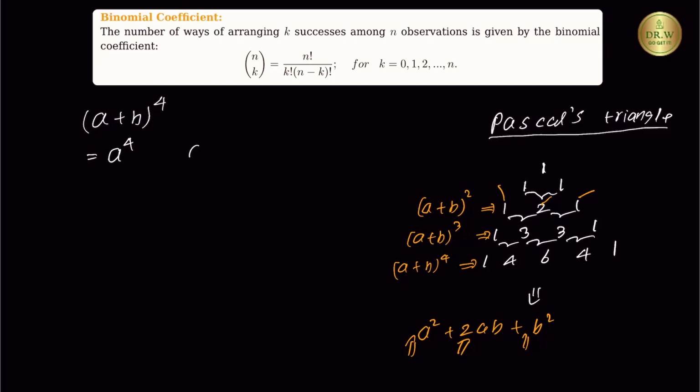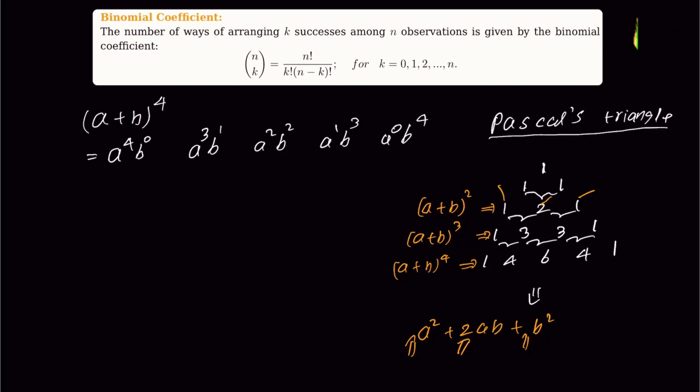Then I write a to power 3, a to power 2, a to power 1, and the last one a to power 0. Now I start from b: b to power 0 first, then b to power 1, it increases in power. B to power 2, b to power 3, b to power 4.